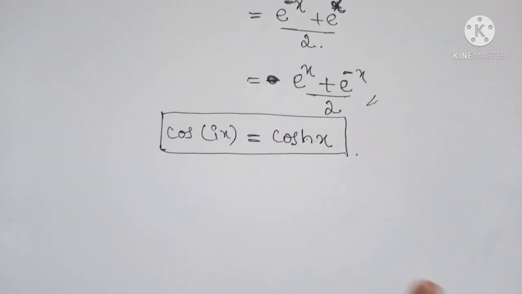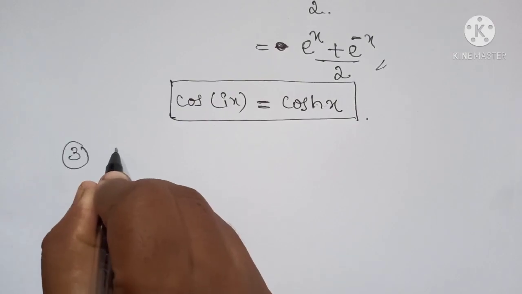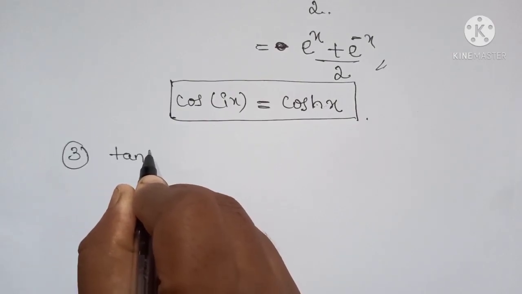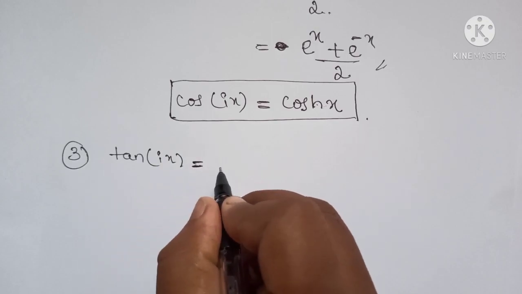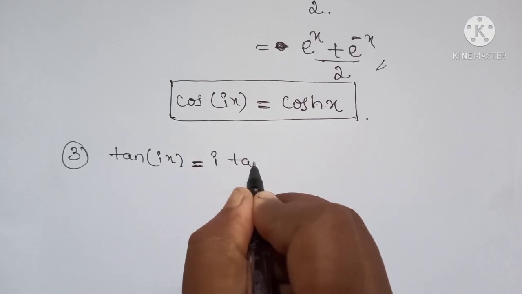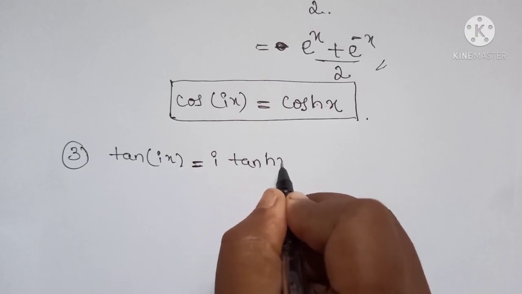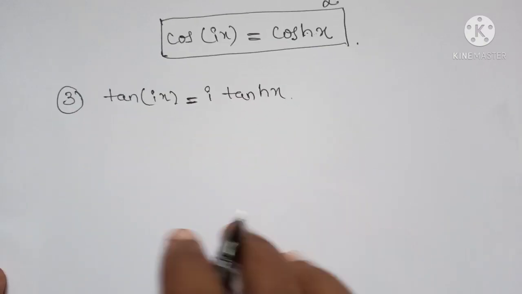Similarly, the third one, we can prove that tan of ix is equal to i tan hx.